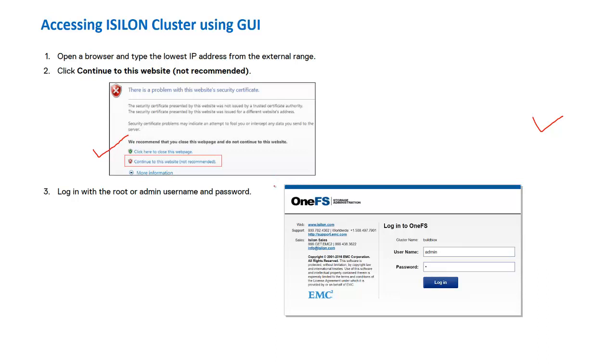Then it will connect to the ISILON and open. By default you will have admin and root users, so you can log into the ISILON cluster using the admin account or the root account. The default password is A, but since it is a simulator, you can set it up at the time of installation.